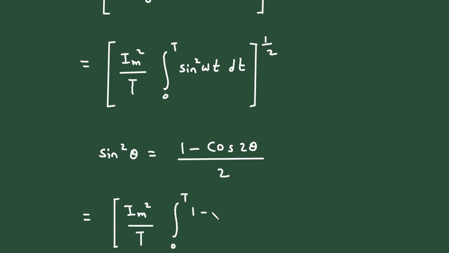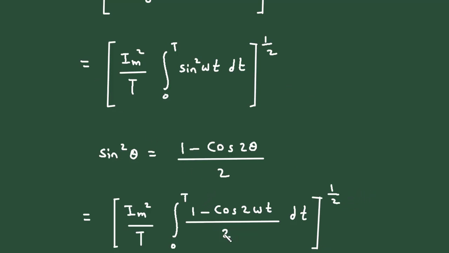So it will be 1 minus cos 2, now here the theta value is omega t, so 2 omega t, divided by 2, dt. Bracket close, to the power 1 by 2.